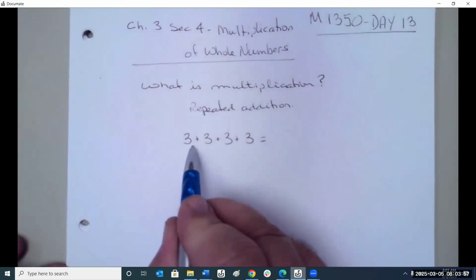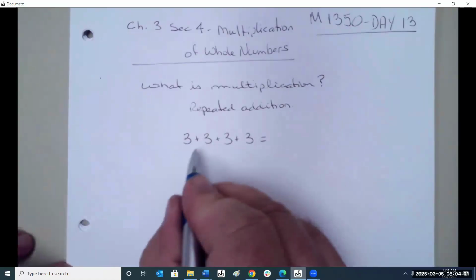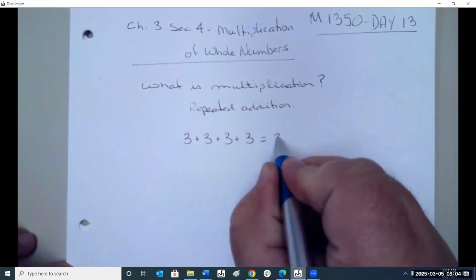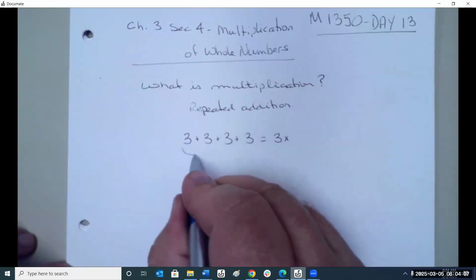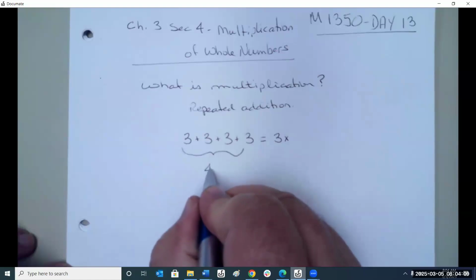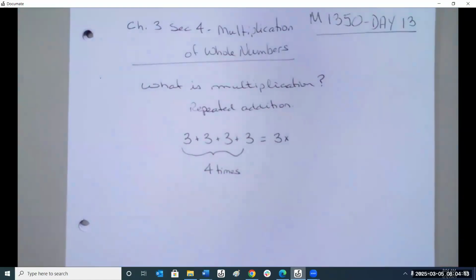For example, if we had 3 plus 3 plus 3 plus 3, they're all the same number and they occur four times. You see the connection now.